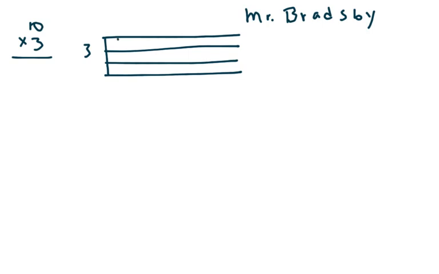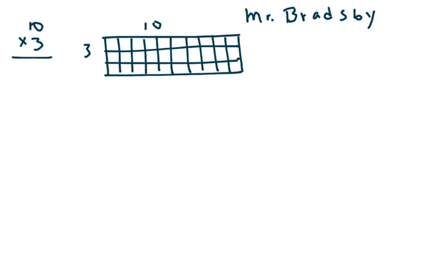So let's do 1, 2, 3, 4, 5, 6, 7, 8, 9, 10. And so we have a rectangle here. And it is 3 units this way and 10 units that way.